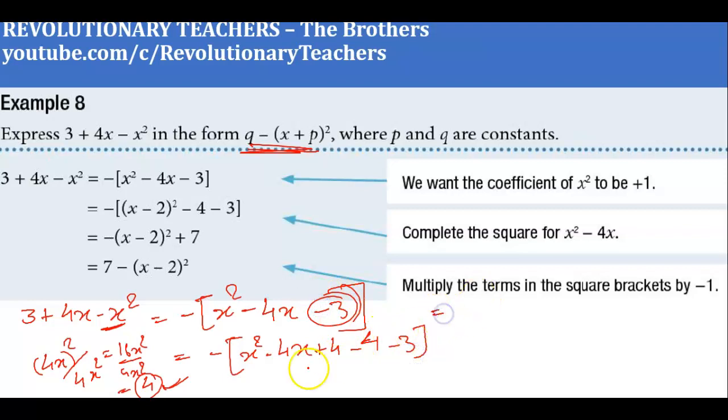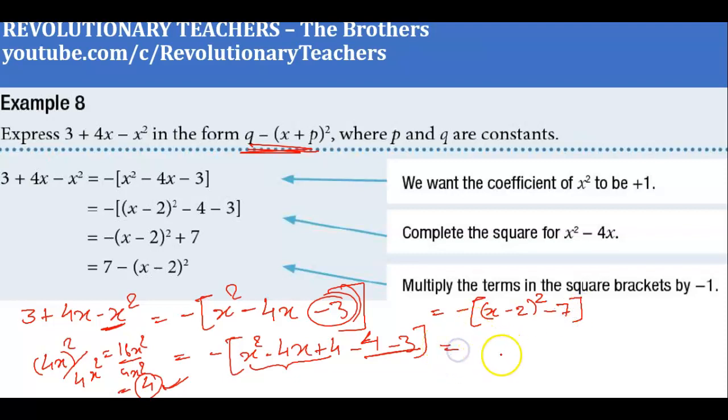So you will be having now, this becomes a perfect square, minus x minus 2 whole square, minus 4 minus 3, it is minus 7.